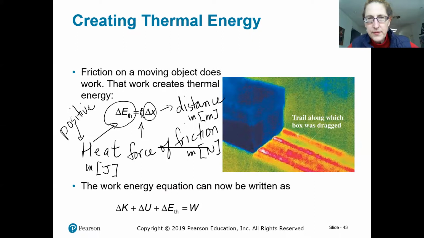Okay, now, not to be confused with the work done by friction. If you're calculating that separately, that's a different kind of quantity, and if you're asked to calculate that, that would be a negative number. Because friction always points in the opposite direction to the displacement when it's kinetic friction, the angle is 180 and the work done by friction is a negative number.